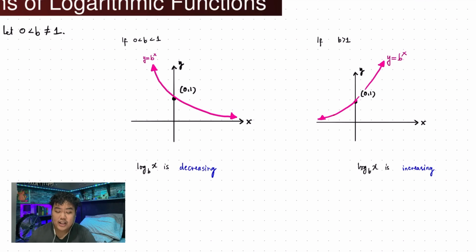And from our discussion on inverse function, kung naaalala ninyo, how do you get the graph of the inverse of a function, of a one-to-one function? So, yung one-to-one function mo, if i-flip mo siya about y equal to x, yung lalabas na graph, yun yung graph ng inverse.